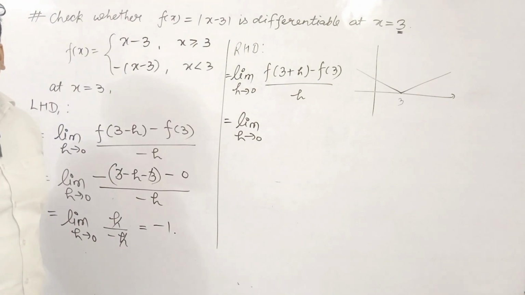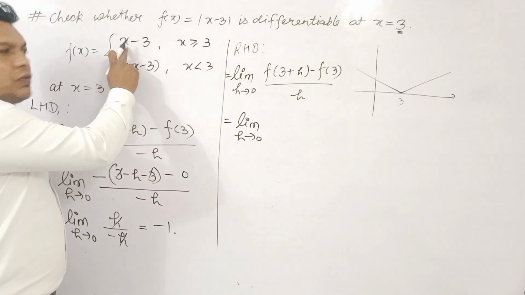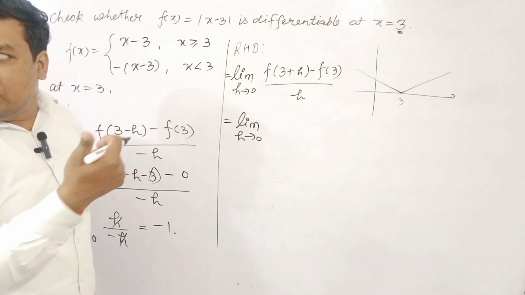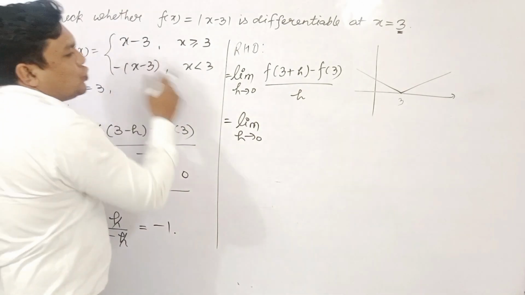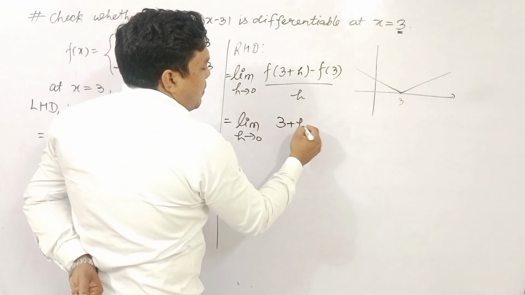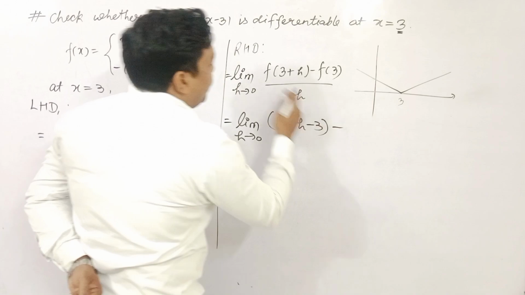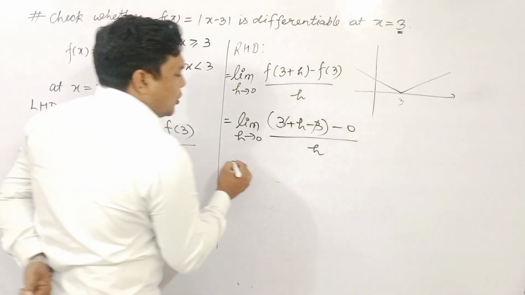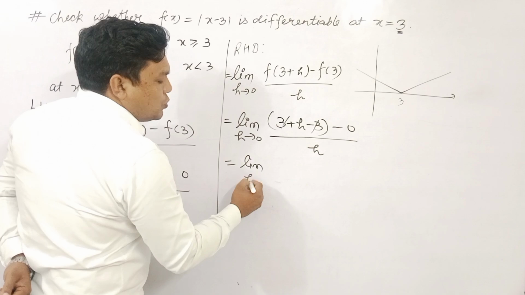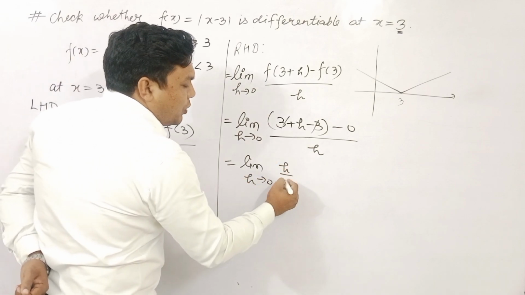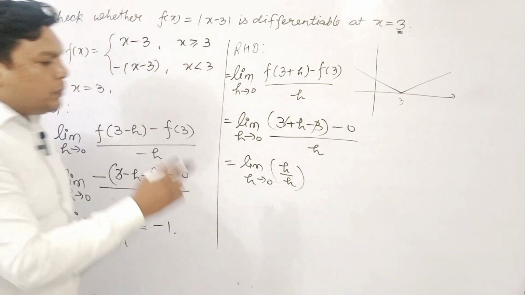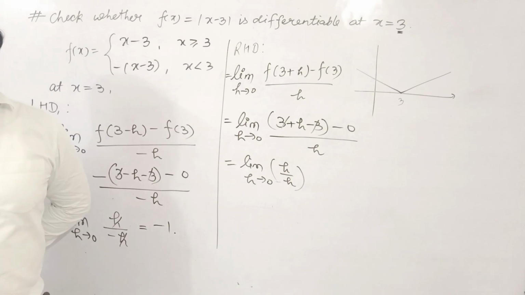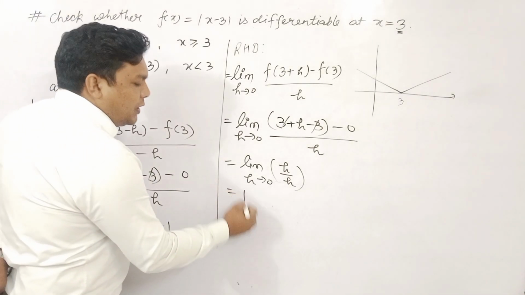The first function, because it is greater than 3, meaning just slightly greater than 3. So it is 3 plus h minus 3, minus f of 3 which is 0 again, and upon h. 3 cancels out. So it is limit h tends to 0, h upon h. And when you cancel out h, what remains? Only 1.